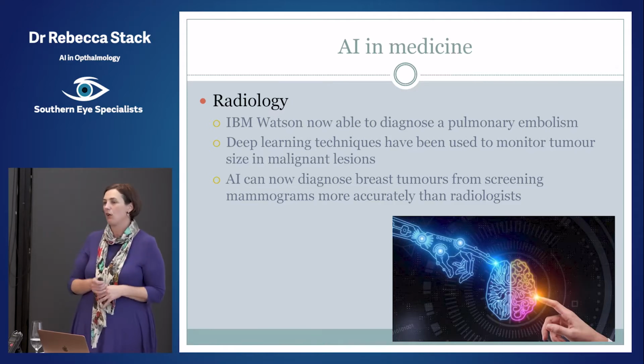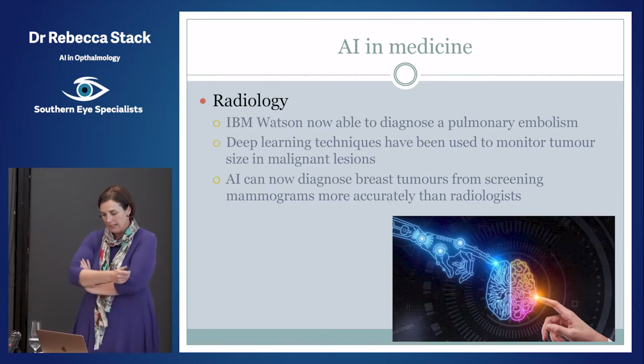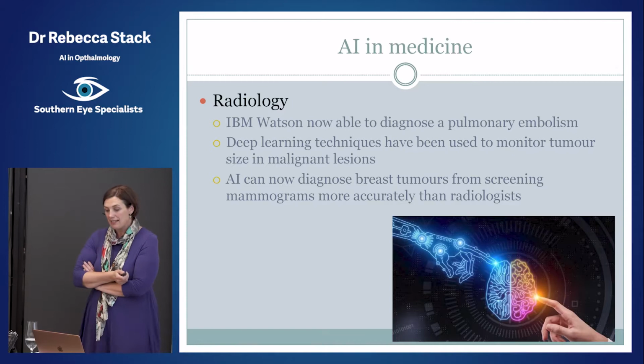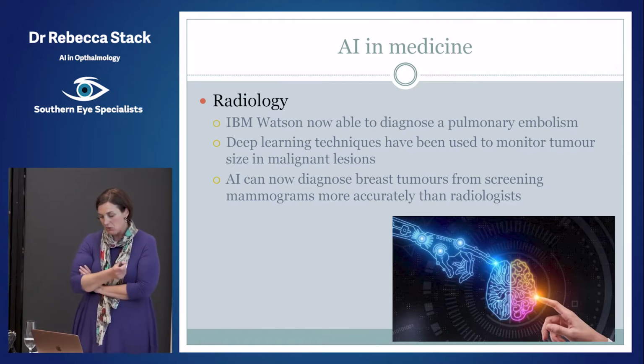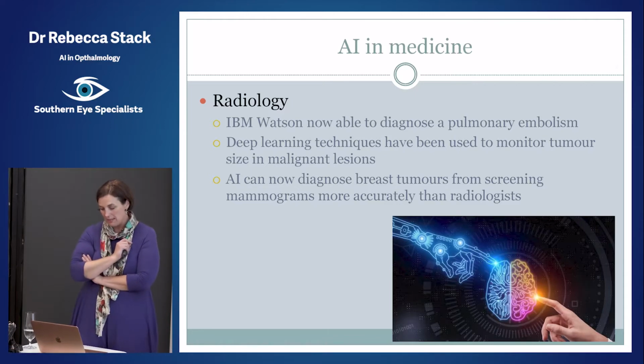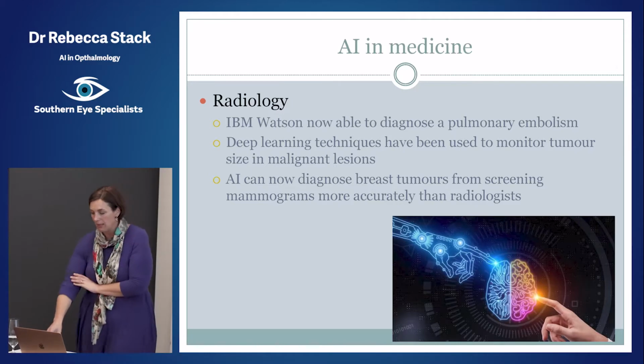It was going to spit out and tell you, I've been through and processed all of this information and your patient has X, Y, or Z. And it's pretty good at some things. It can diagnose a pulmonary embolism, and it can be used to monitor malignant tumours, and other examples of AI in radiology are certainly up and working.